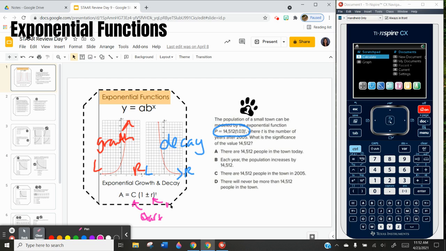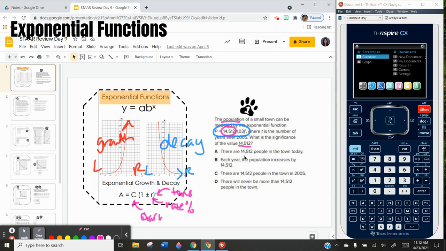The r is your rate, otherwise known as your percent, and then the t is your time. So looking at this, they're asking us what is the value of 14,512. So I just told you right now that the c value stands for the start. So this is the start value of how many people or the population in this town.